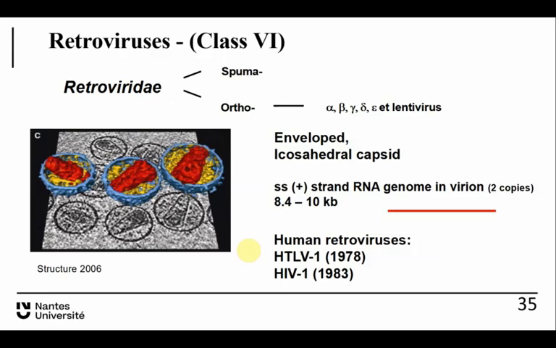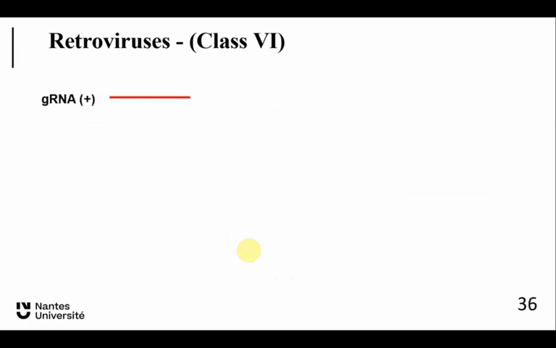So most of these endogenous retroviral elements are inactivated, but some of them seem to activate their transcription during early development.